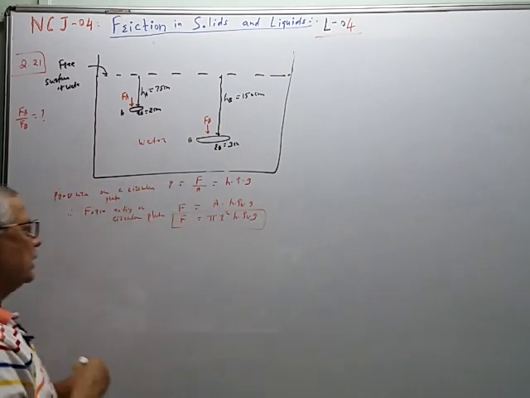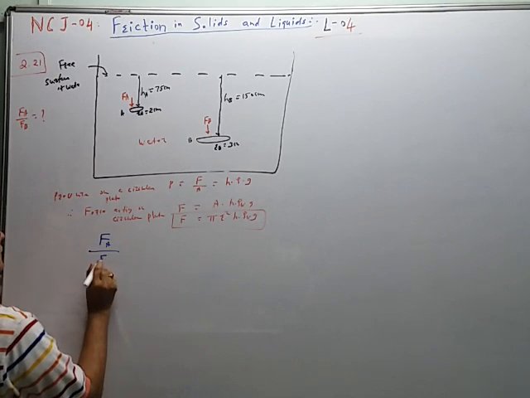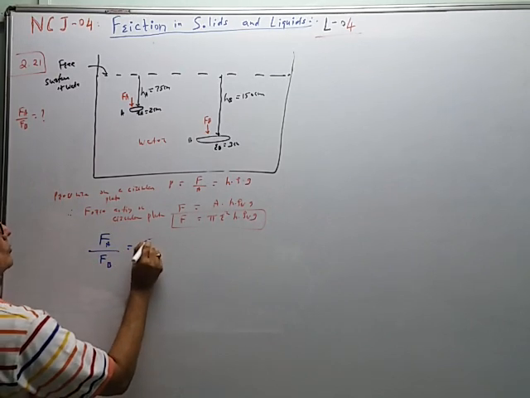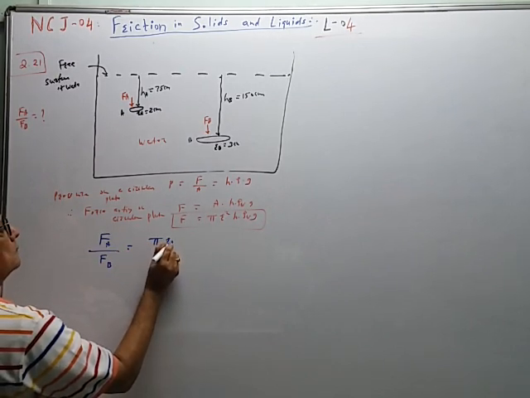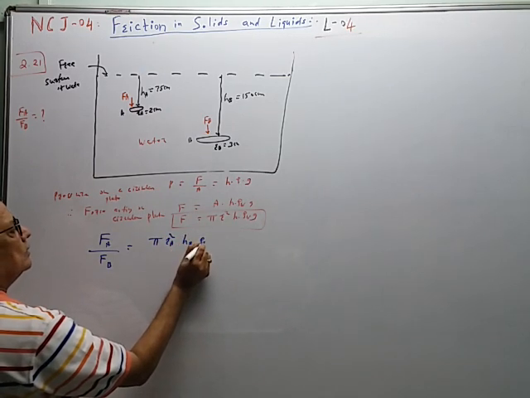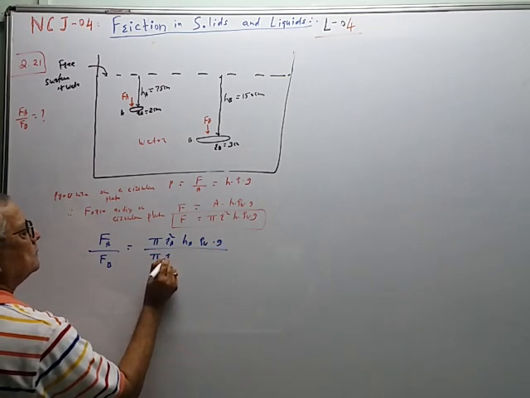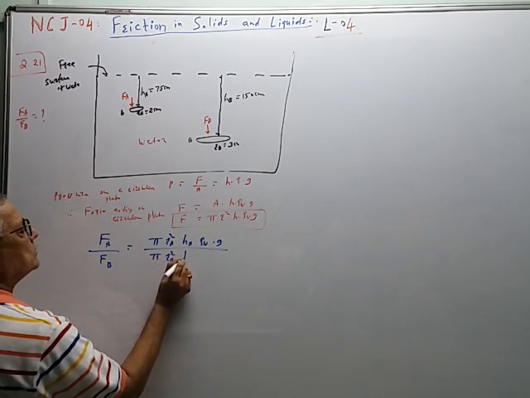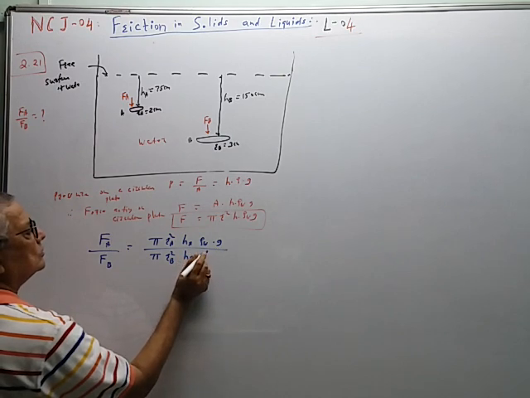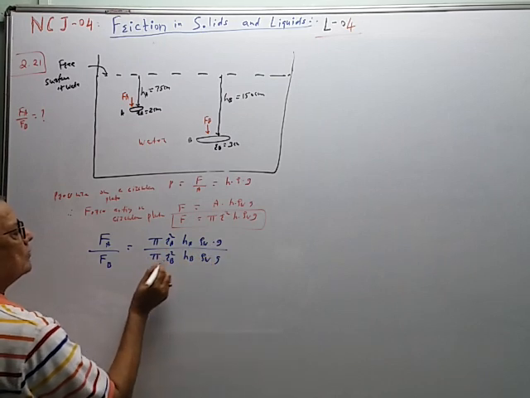And therefore FA upon FB is equal to pi RA square HA rho water into G divided by pi RB square height for the B plate, density of the water into G. So rho G pi will get cancelled.